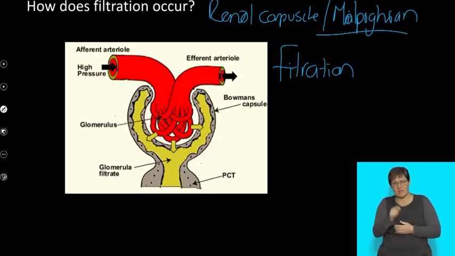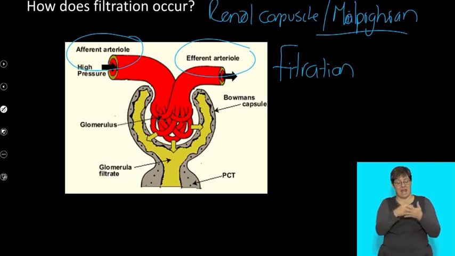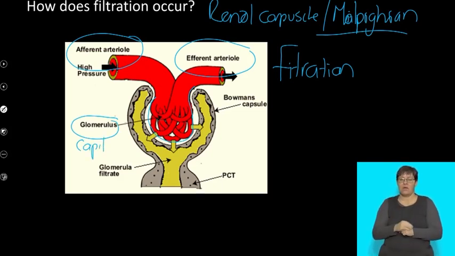Here, lovely bold red, we have two blood vessels. These blood vessels are arterioles, which means they are small arteries. They become smaller and smaller, and they are this convoluted group of blood vessels that are called our capillaries.